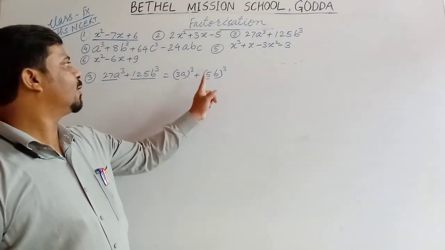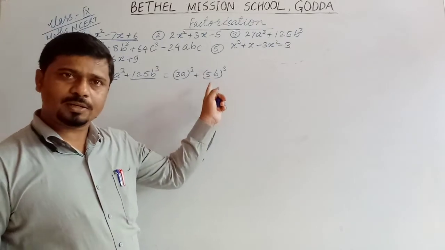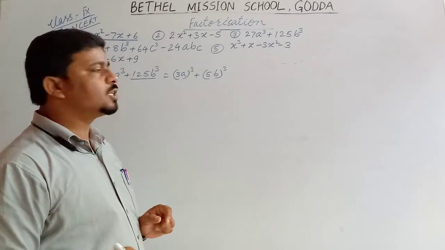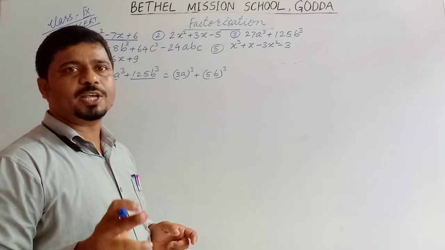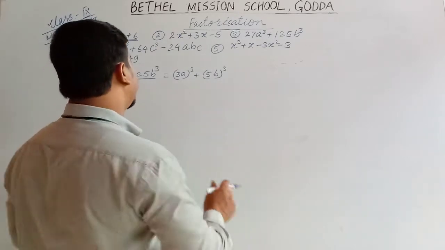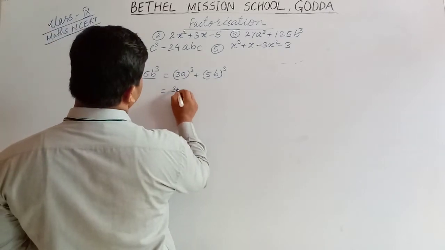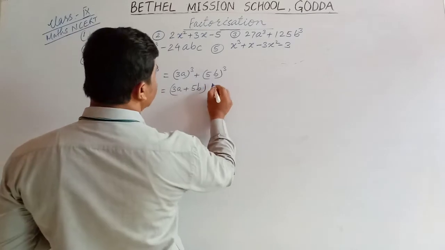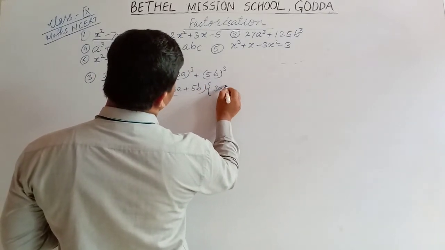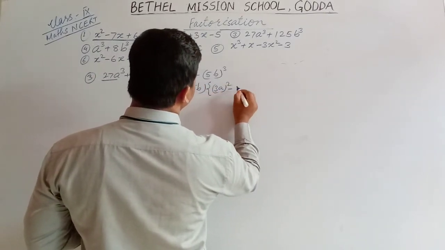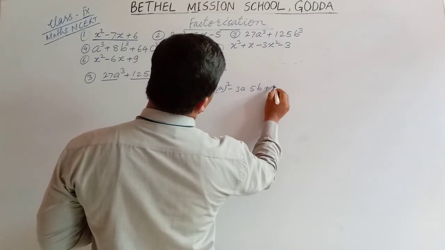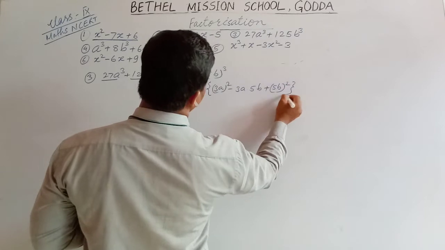Now a cube plus b cube, and we will apply here the algebraic identity of a cube plus b cube, and that will be the factor form. And you know that the factor form is (3a plus 5b) means a plus b into a square minus 3a into 5b plus 5b whole square.